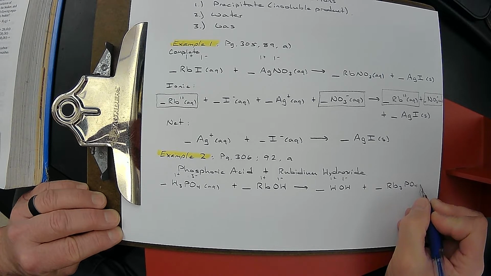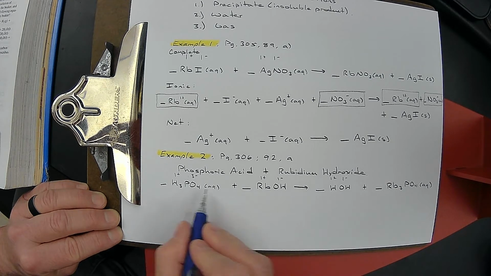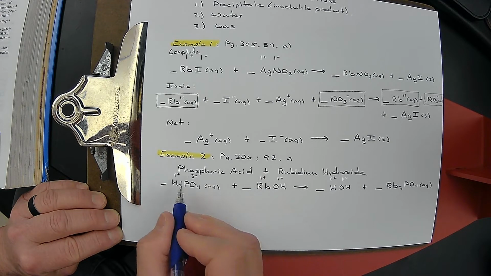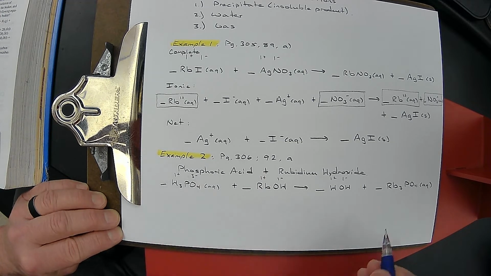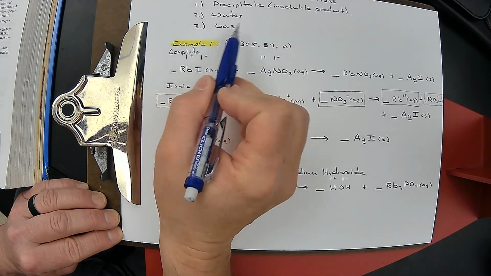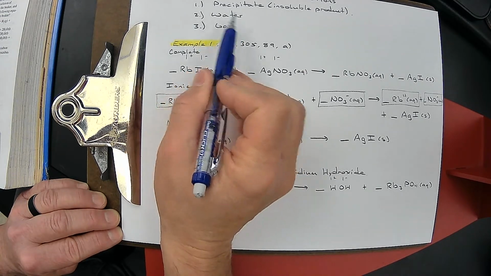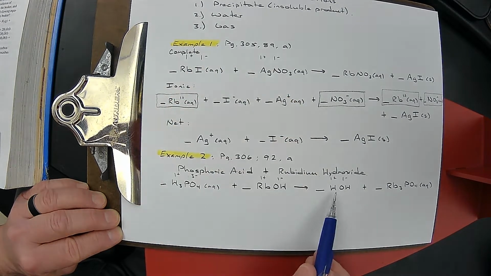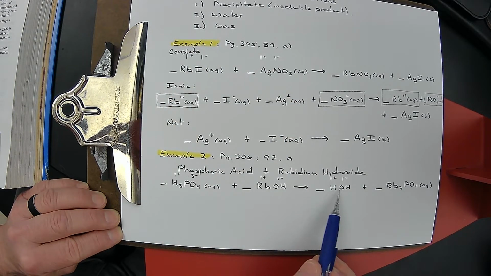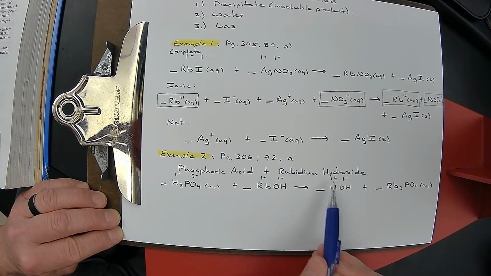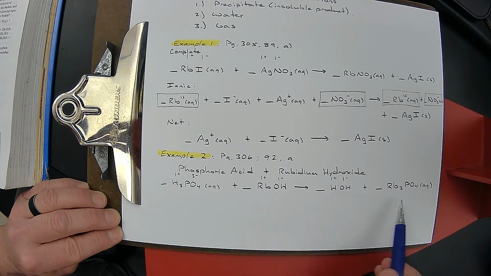Rb3PO4. And the reason it's got to be Rb3PO4 is because each Rb is a 1 plus, but each PO4 is a 3 minus. So you need 3 Rbs. So this is an example of the second type of method that a double replacement can occur. We produced water. We produced H2O or HOH, a 1 plus and a 1 minus, a 1 plus and a 3 minus.